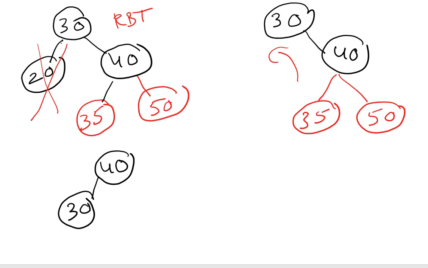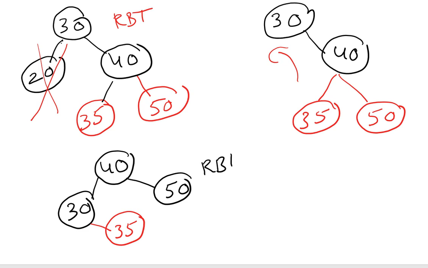I will make 35 here and I will make 50 here. If you see here, the elements are the same. So this is a red black tree because 0 1 0 1 black nodes and everything is true.